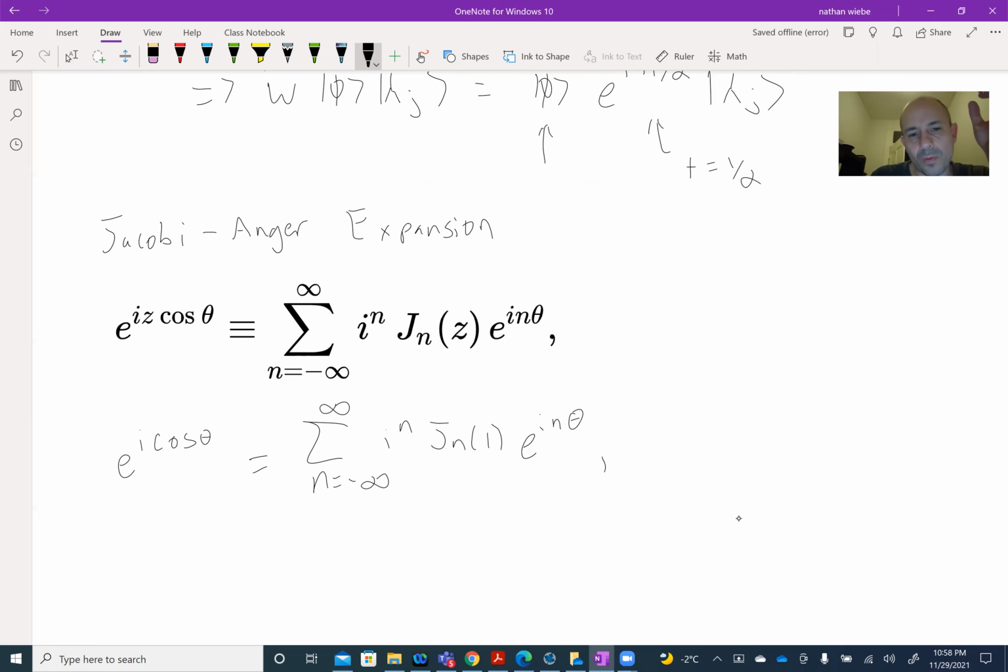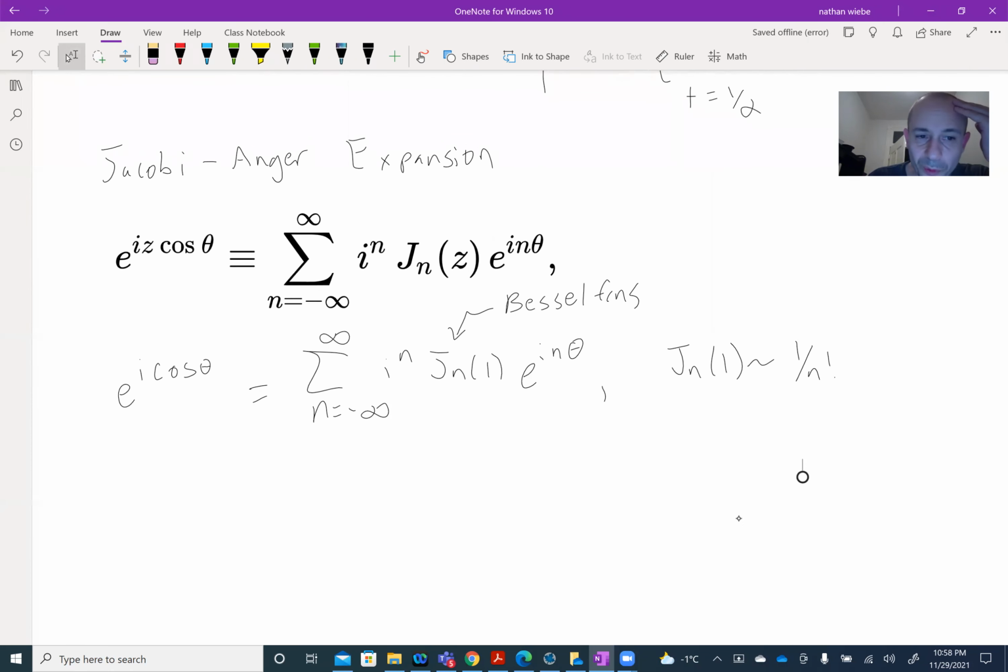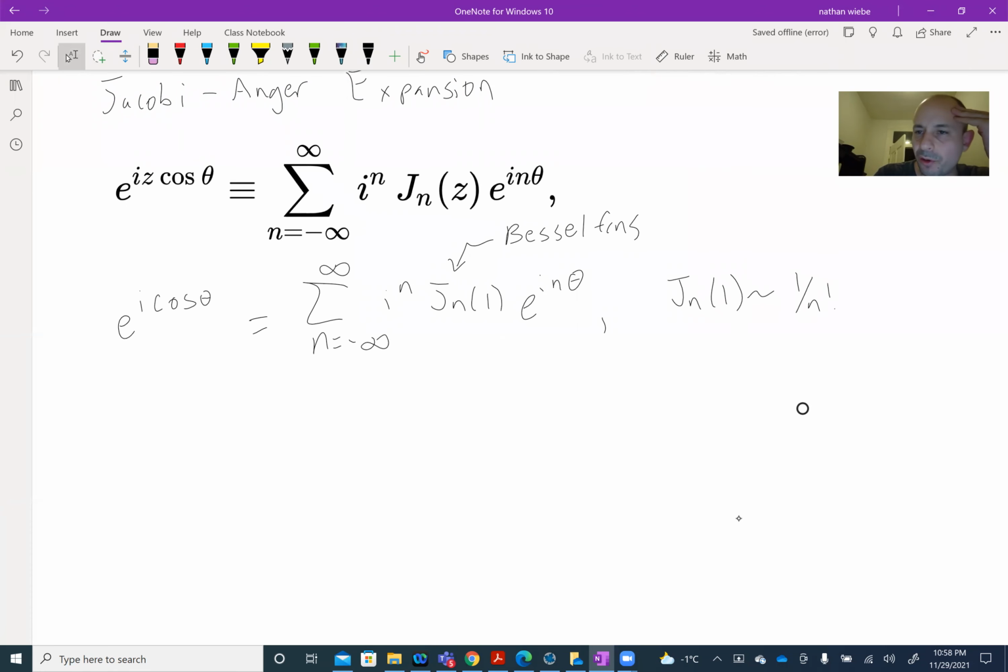And further, jn of 1 ends up scaling kind of like 1 over n factorial. So this is a very rapidly decreasing function. And these jn's are Bessel functions. So these are just numbers that you can look at, and worst case scenario, they scale kind of like 1 over n factorial. So this is a really rapidly converging series.